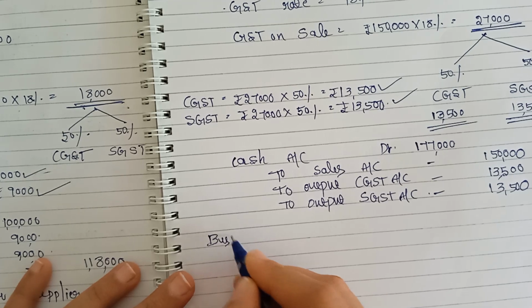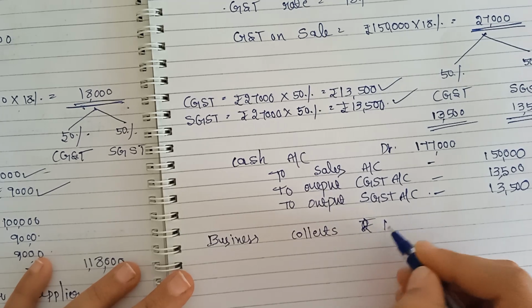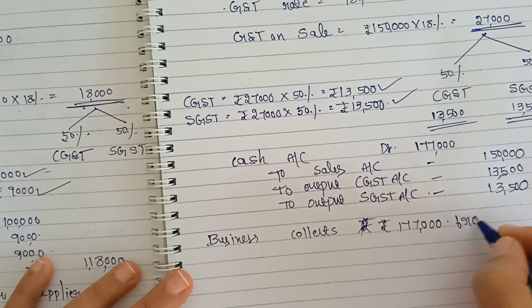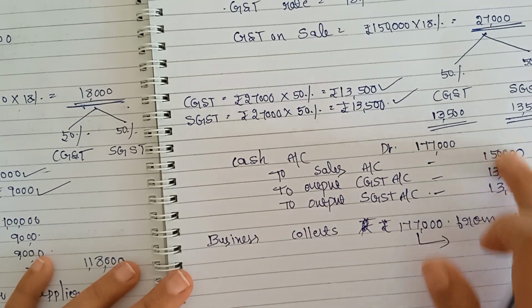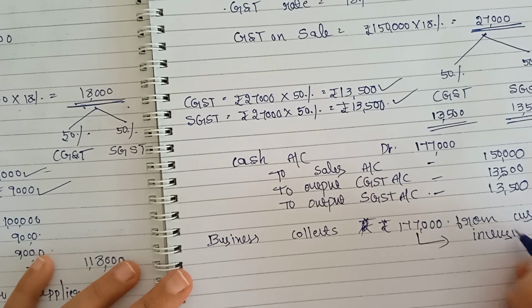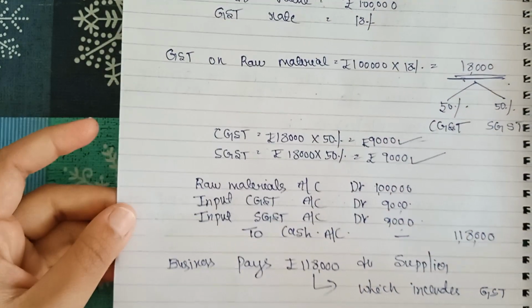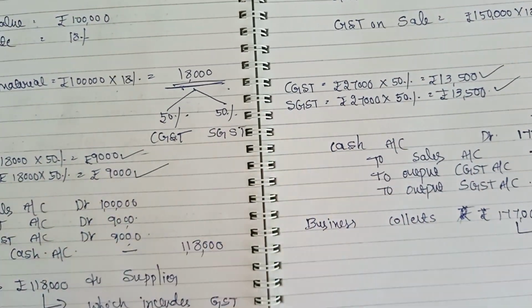This amount is inclusive of GST. So in purchase, the supplier collects the GST, and in sale, the business collects the GST amount.